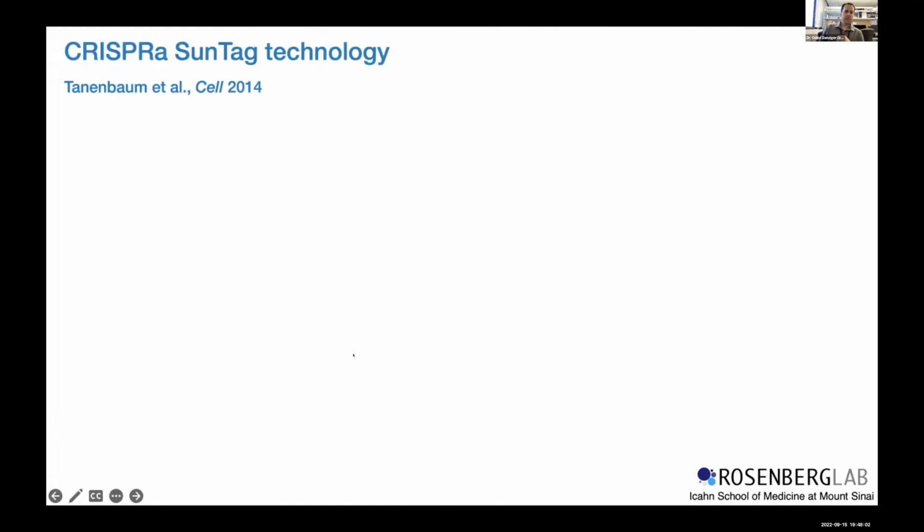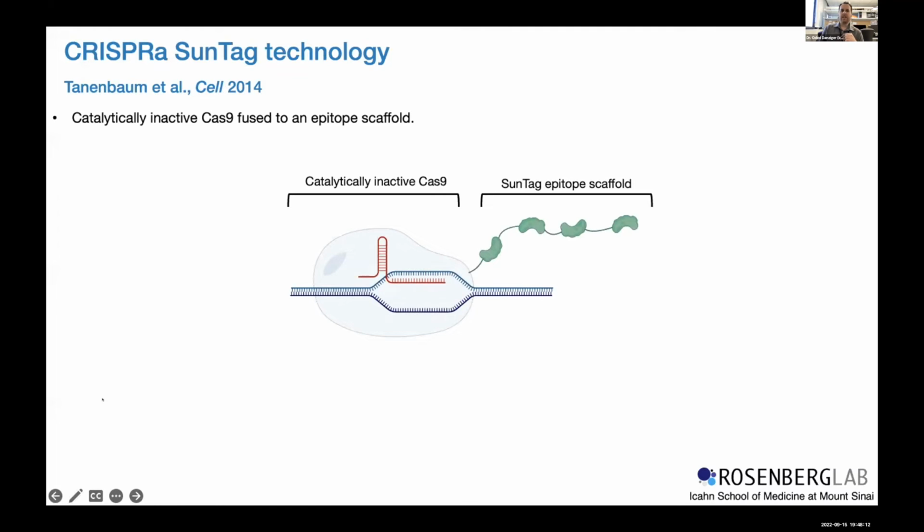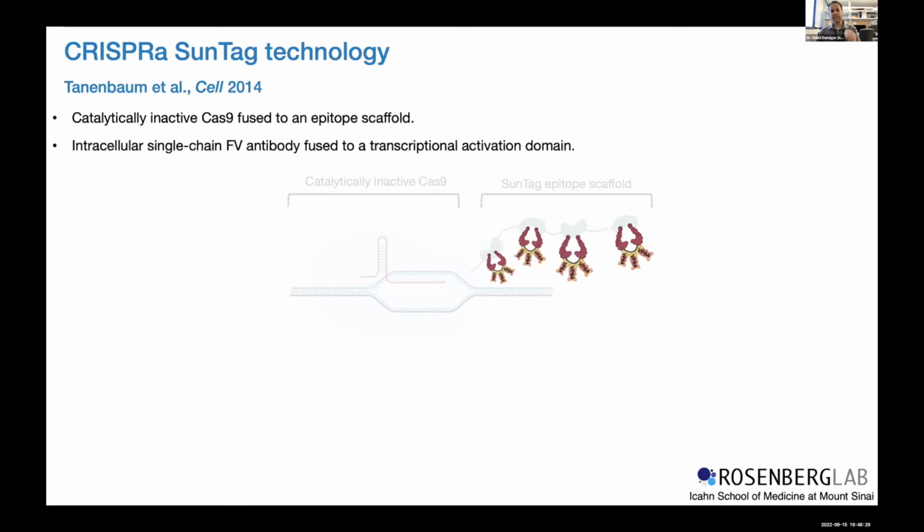Our expression system is based on a CRISPR activation technology called the SunTag technology. This CRISPR-A system has two components. The first one is a catalytically inactive Cas9 protein fused to an epitope scaffold. The catalytically inactive Cas9 is guided to the transcription start site. And the SunTag scaffold allows for the second component of the system, which is an intracellular single-chain antibody fused to a transcriptional activation domain, to be recruited to the transcriptional start site.